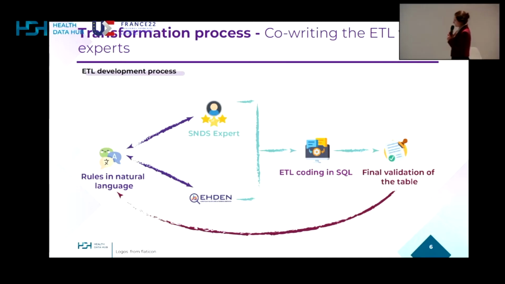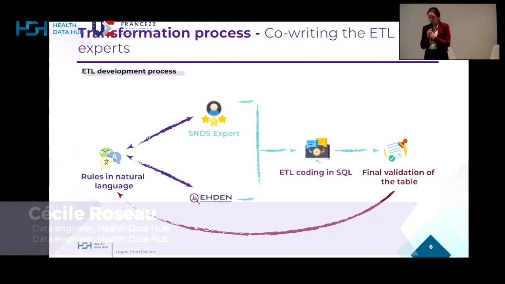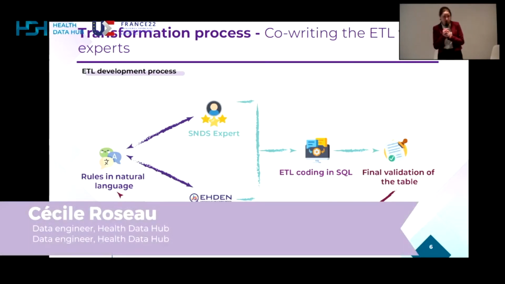As Erika said before, transforming a database into the OMOP CDM format is an iterative process. First, we have to write the rules in natural language, and once the rules are written, we have to check with database experts to be sure that we didn't misunderstand the data and that there is no misinterpretation of it.